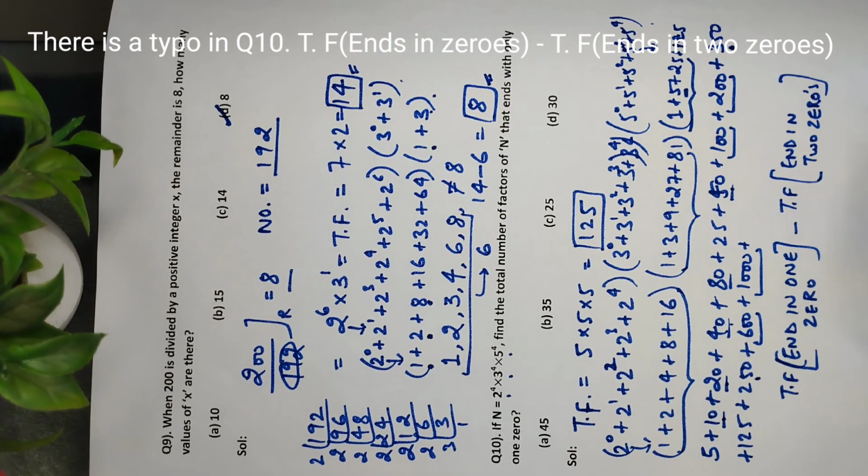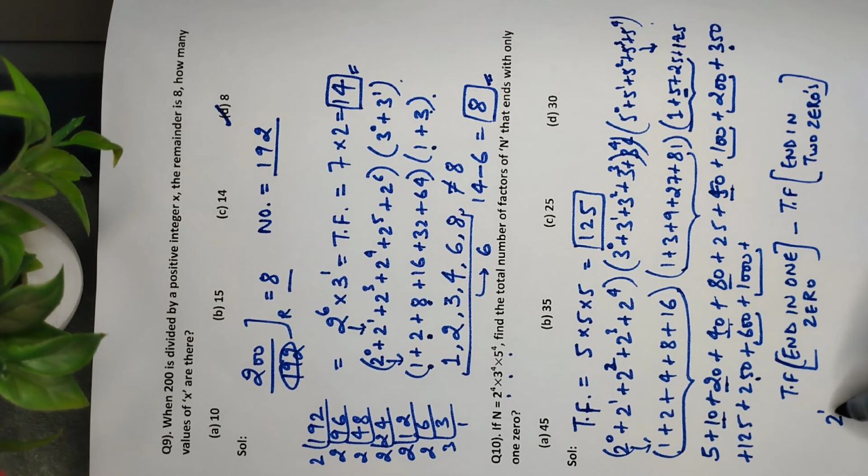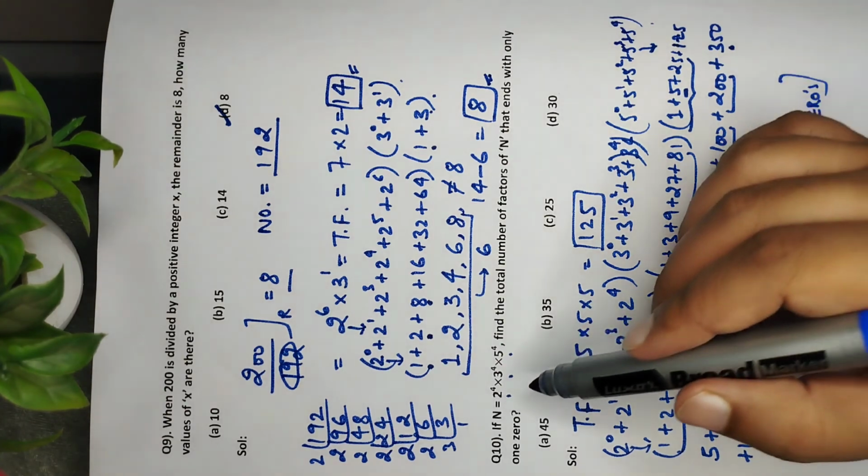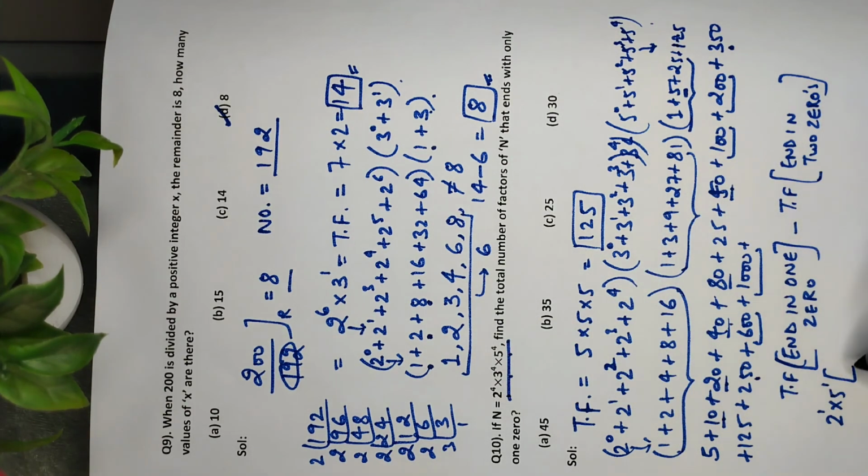So for numbers that end in 1 zero, it means I have to take 2 raised to the power 1 into 5 raised to the power 1 common out of them. Then the answer will be, if I take common out of them, the remaining inside will be 2 raised to the power 3 into 3 raised to the power 4 into 5 raised to the power 3.